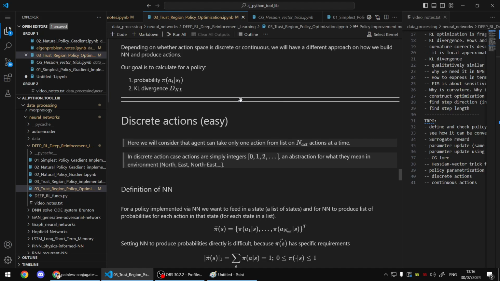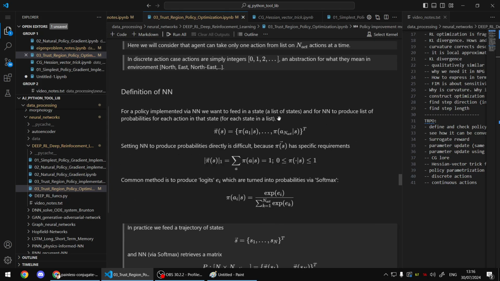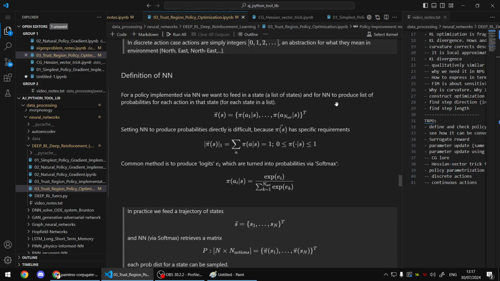So the idea could be, I give you a state, give me a distribution over probabilities, or I give you a state and action, you give me a probability, something like that. And it's problematic because probabilities have limitations: the sum of probabilities should be 1, and the probabilities should be between 0 and 1, inclusive. And it's not something that you can bake easily into a neural network.